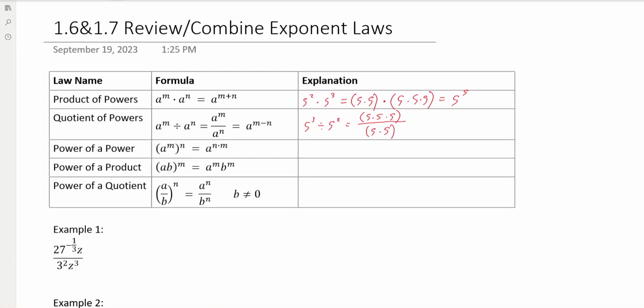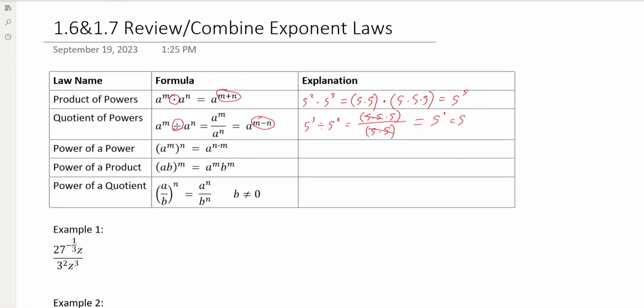Now, the nice thing here is that those are actually going to straight up cancel, and we're only going to be left with the top part, which is a 5 left over. Or another way to say that is 5 to the 1. So 3 minus 2 equals 1. So we're subtracting the exponent. If you're dividing, you subtract. If you're multiplying, you add.